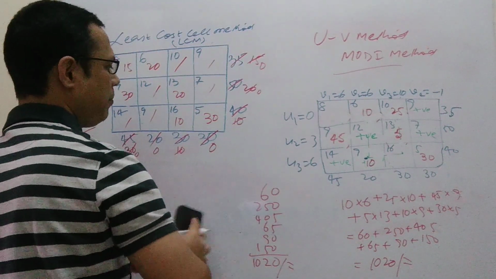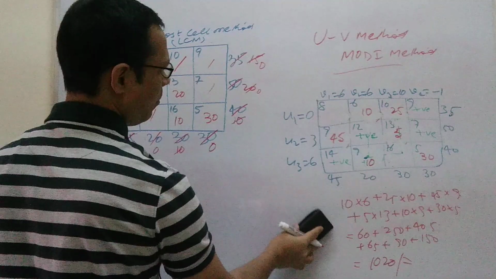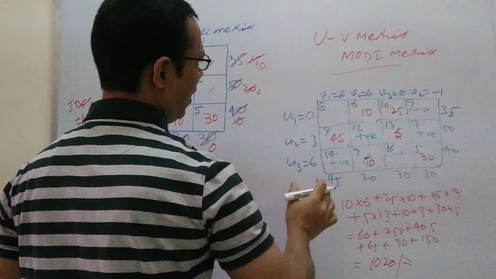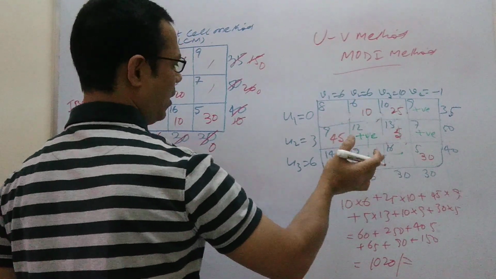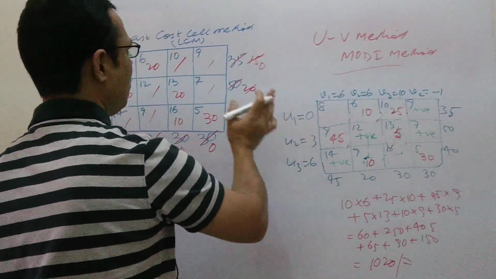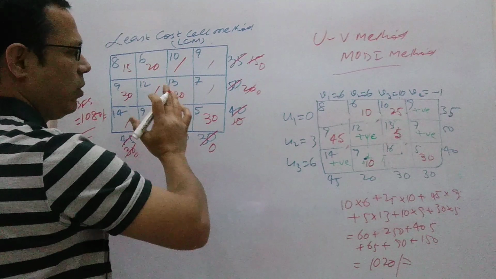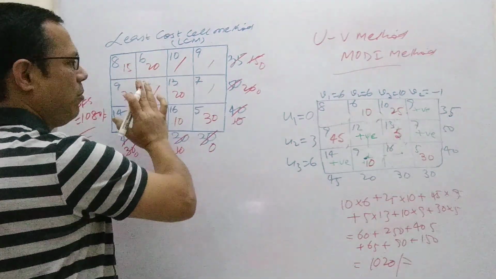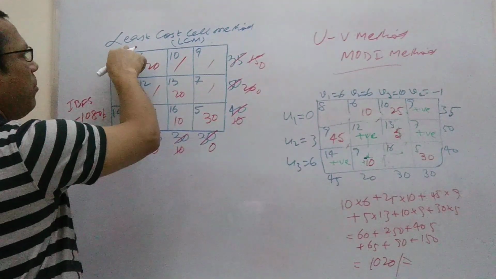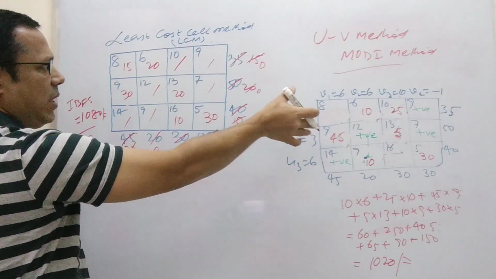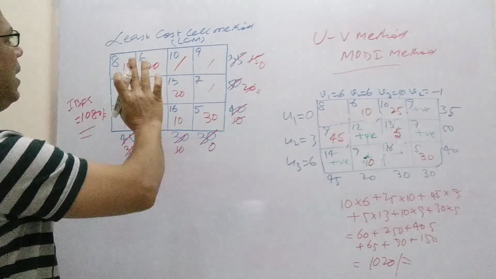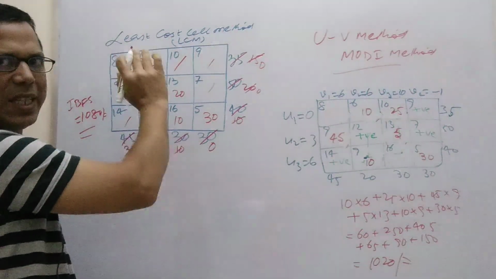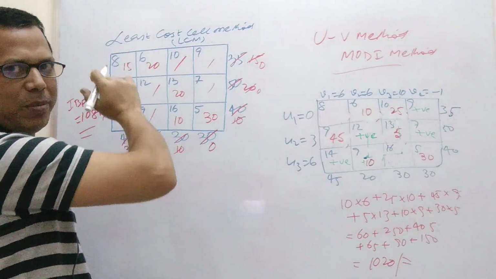So now we can say at this step, because we have already visited all the allocated cells to unallocated cells, and we have already checked, it is giving the optimal. And if you go back to C, I have already solved the same question by applying Vogel's approximation method and the UV method. The result was the same, 1020. That is the optimal solution. But that is not a criterion, you don't need to check by applying Vogel's approximation.